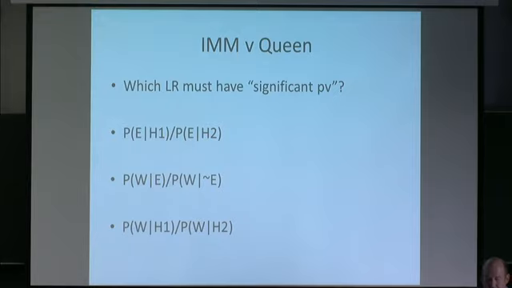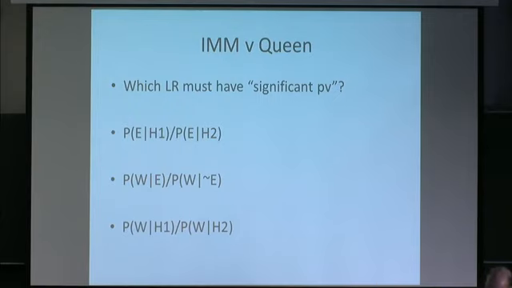There's the probability that the witness would have made the statement given that the evidence is true, and the probability the witness would make this statement given that the evidence, the story about the hand running up the leg, was not true. And then finally, we've got the probability that the witness would have said that he ran his hand up her leg given that the chap's guilty, to use a shorthand, and the probability that she would have said this if he were not guilty.